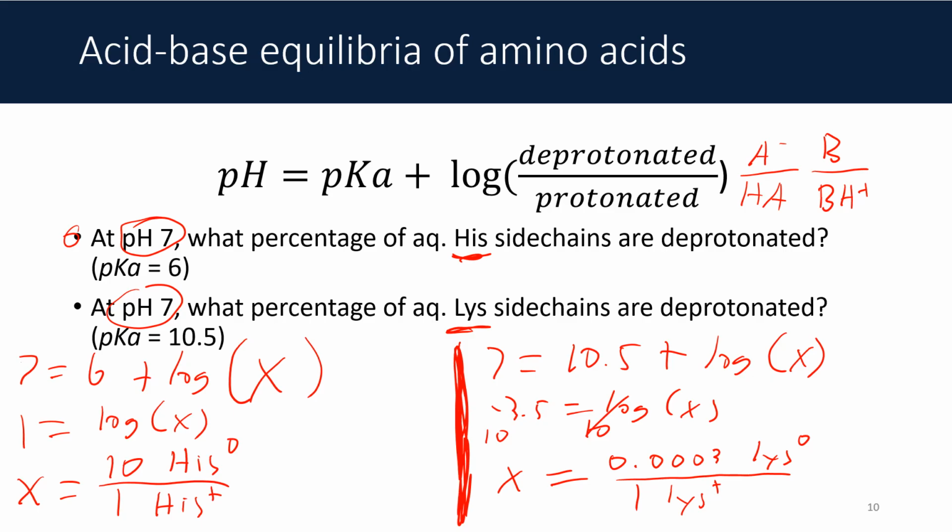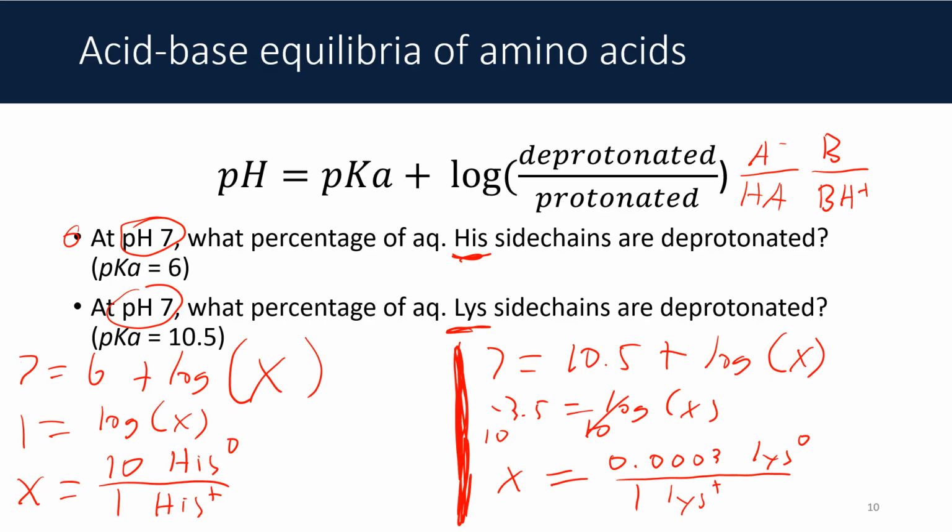These ratios are considerably different. In theory, both histidine and lysine are so-called basic amino acids, but compare what they look like at equilibrium at pH 7. In the case of histidine, about 90-ish% of all side chains will be deprotonated, and they would not have donated that proton on their imidazole functional group, and only 10% would have a positive charge on it.